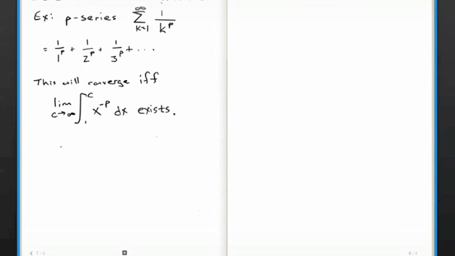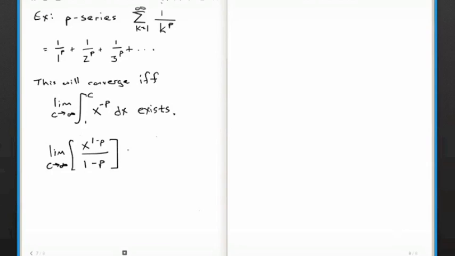Well, let's just evaluate the integral. Power rule, this is a pretty easy one. Increase the power by 1, so a negative p goes to negative p plus 1. I prefer to write that as the limit as c goes to infinity of x to the 1 minus p, divided by the new power, which is 1 minus p.